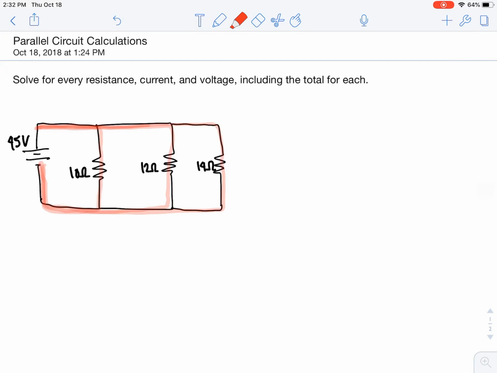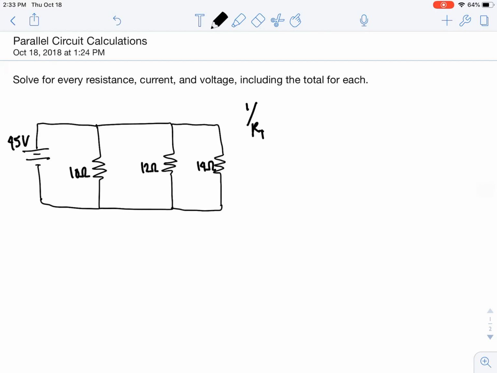So initially, there's one distinct difference in that a parallel circuit will actually have multiple paths of flow, whereas a series circuit only has one. And in addition to that, the equations are different. So we have 1 over RT. For resistance, we're actually not going to calculate resistance by just adding them up.